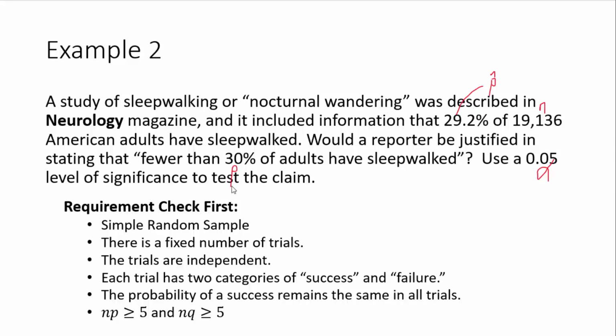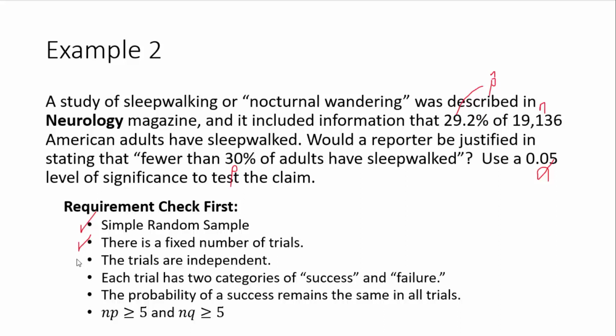So those are values we're going to use, but before we get to doing any of this, we need to check off: is it a simple random sample? Well, since it was a study by Neurology magazine, you don't have all the information on this page, but Neurology is a premium research journal, and they will use a random sample. Fixed number of trials, 19,136.